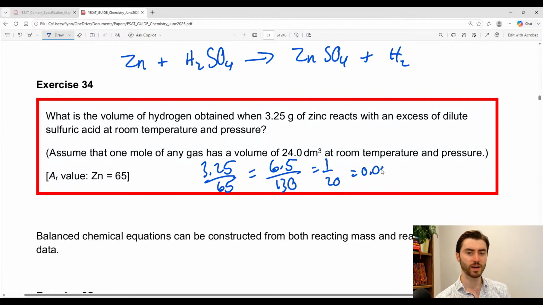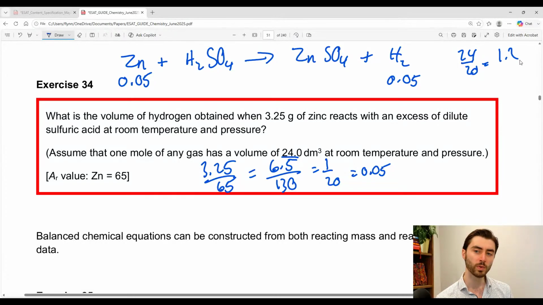So 0.05 moles again. So we have 0.05 moles of the zinc reacting, and therefore we'd have 0.05 moles of hydrogen, and 1 mole is that. So it becomes 24 over 20, or 6 over 5, is 1.2 decimeters cubed of hydrogen.